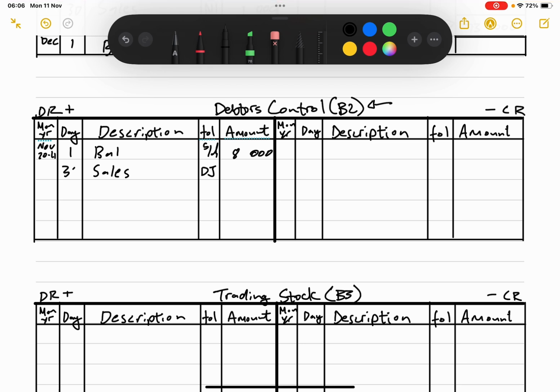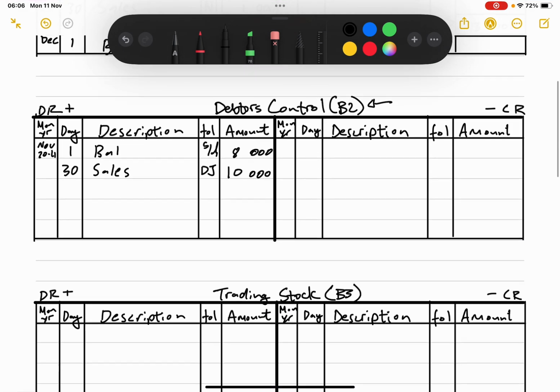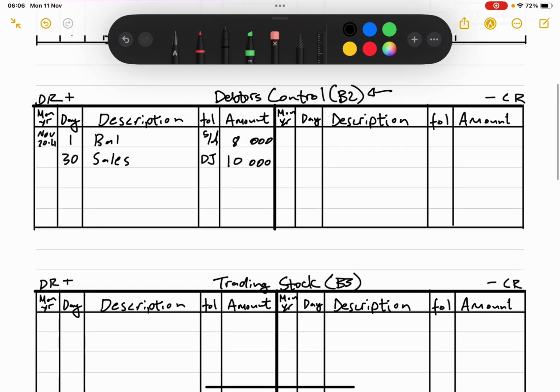So at the end of the month, you're going to total your debtors journal as well, and you're going to get a figure of, let's say, 10,000 Rand. Simple figures. The numbers don't actually need to be there. It's the accounts that matter.